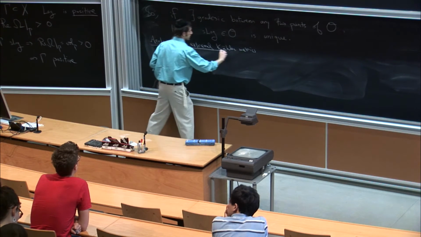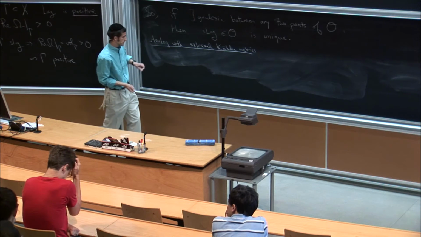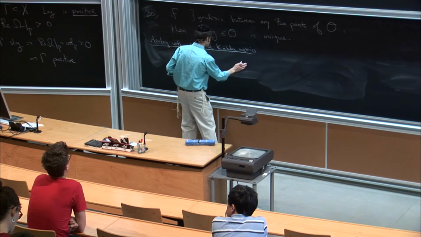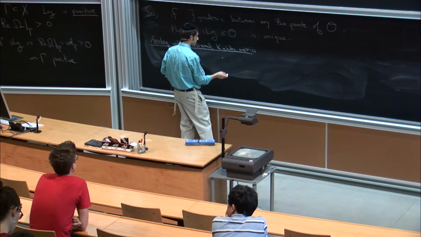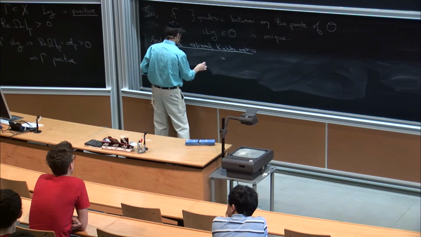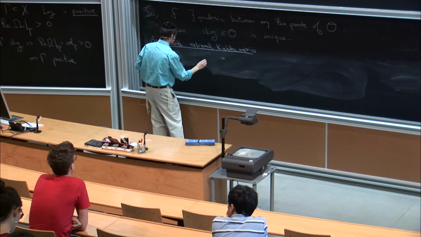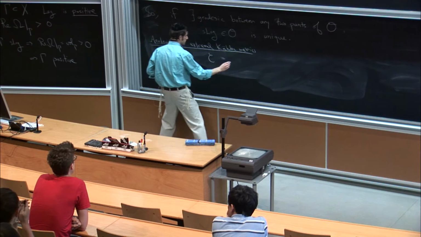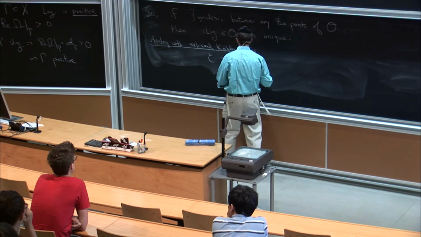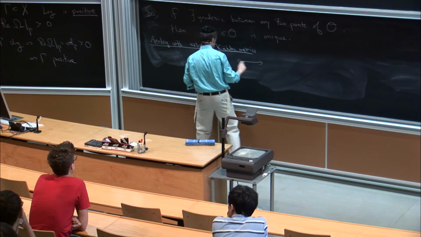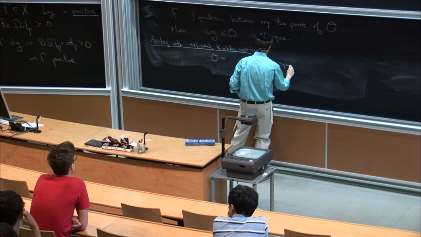Constant scalar curvature Kähler metrics. So in our story, C corresponds to, well, okay, maybe O corresponds to the space of Kähler metrics.